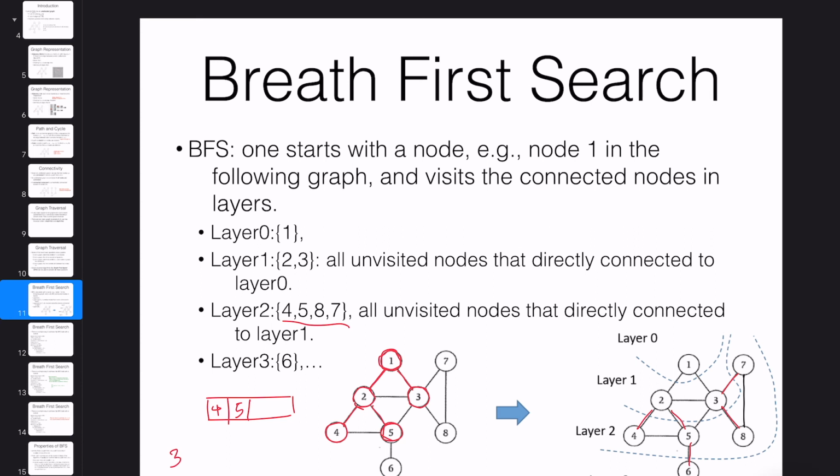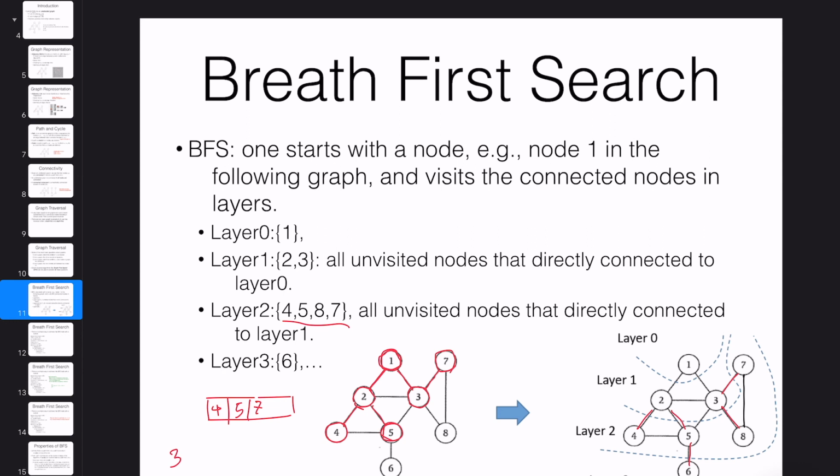1 has been visited, so just let it go. 2 has been visited, 5 has been visited, but 7 hasn't been visited, so you can push it to the queue, and you mark it as visited.